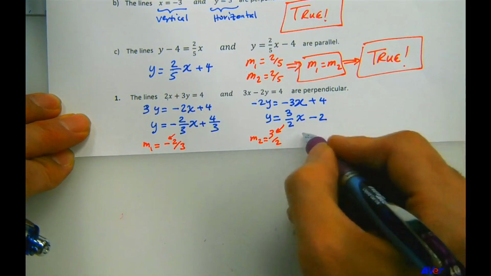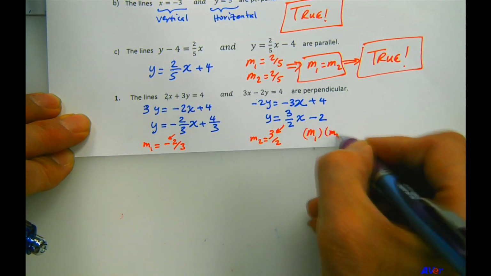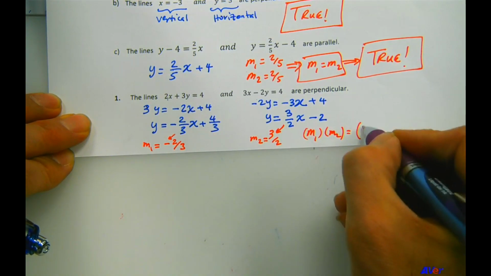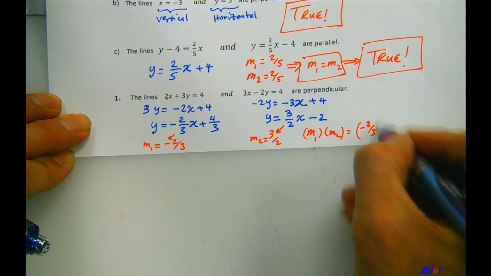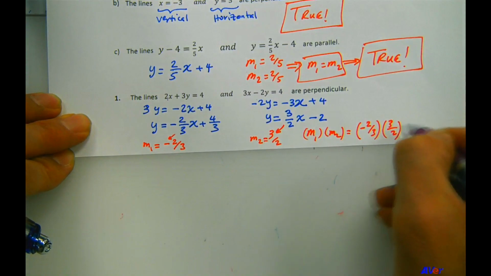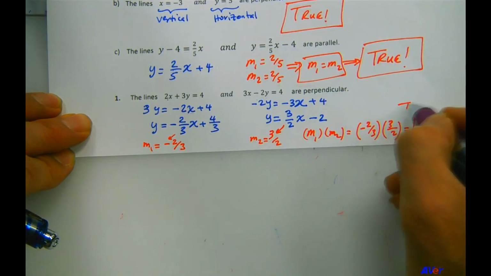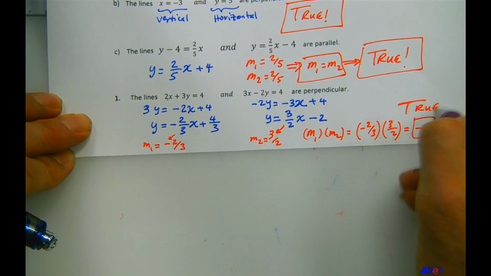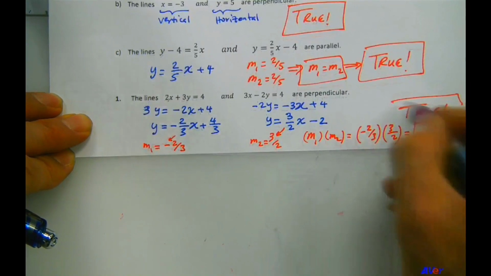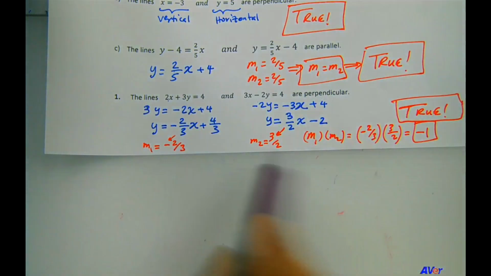So m1 times m2 equals minus 2/3 times positive 3/2. That's equal to minus 1. So this is true again. The lines are in fact perpendicular because when you take the product of their slopes, it's equal to minus 1.